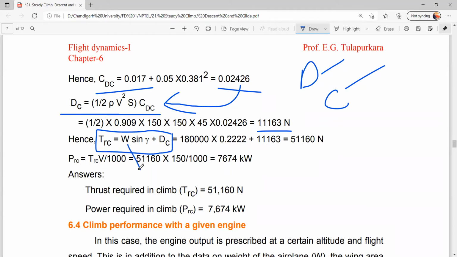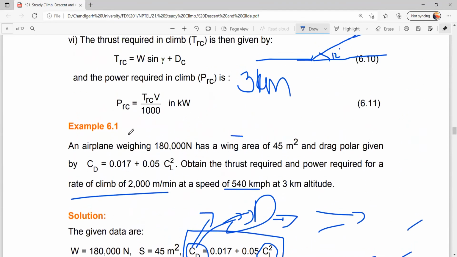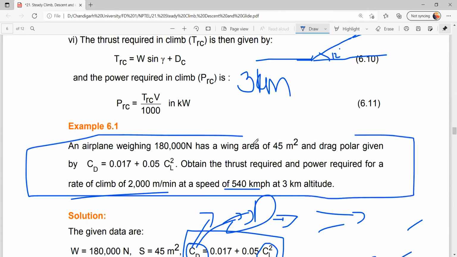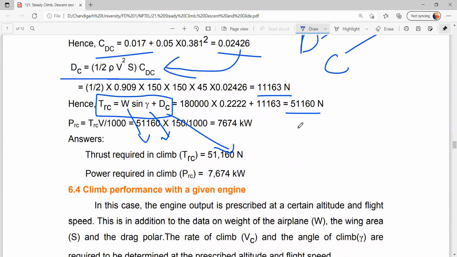So this is the thrust required equation. We know the weight value. We know the angle of climb. Now we have determined drag also. So substitute all these parameters. So thrust required for this configured aircraft is 51,160 Newton. So the pilot will know that as a design engineer, I have derived this value, right?